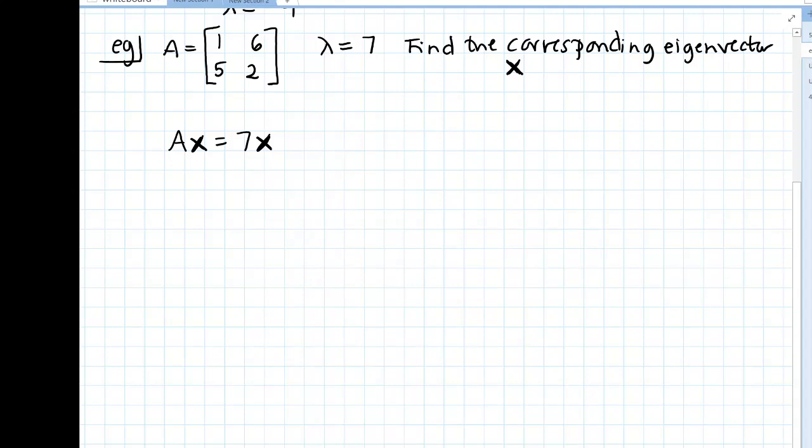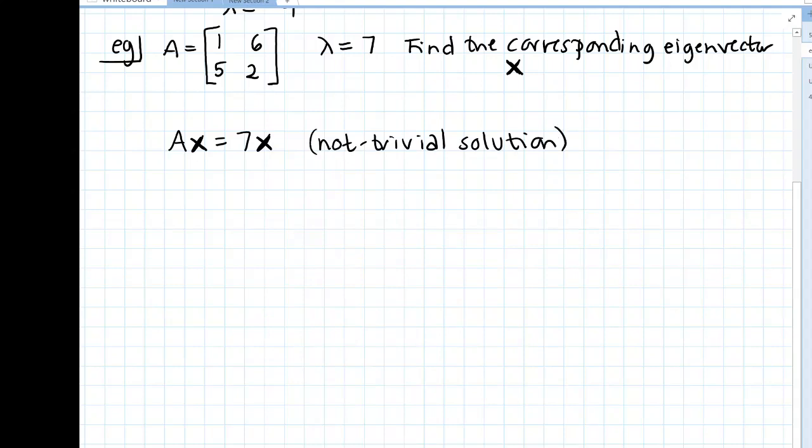If you multiply something with the 0 vector and then you also multiply the 0 vector with a number, of course you're going to get the same answer either way. But that's not really interesting. So we're specifically looking for non-zero vectors, meaning that when we solve this, we want a non-trivial solution.